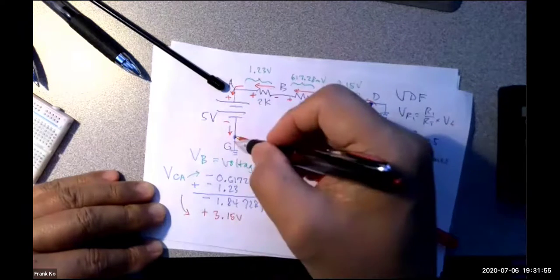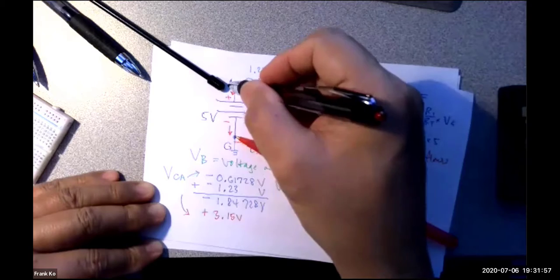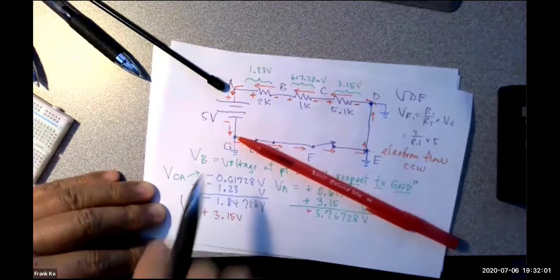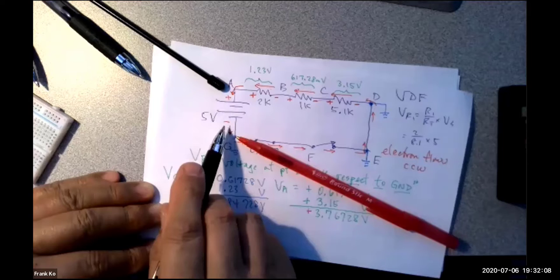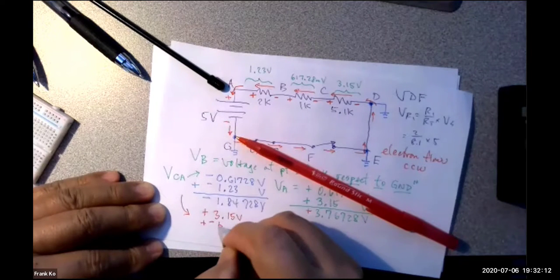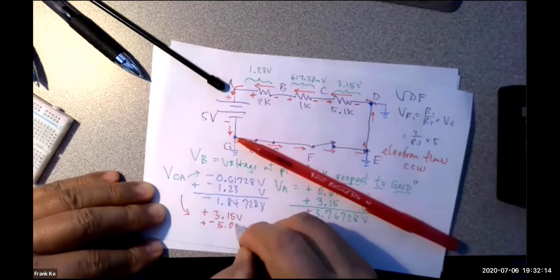What does it see now? Because it's still got to make its way to the black probe. What does it see now between here and the black probe? 5 volts. What polarity? Negative. Did everybody see? We're going to add a negative 5.00 volts.